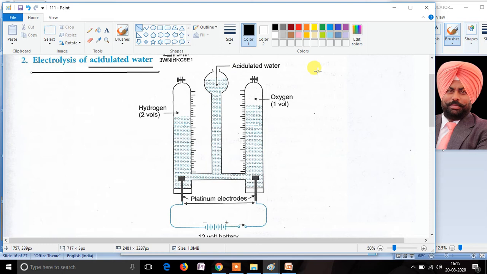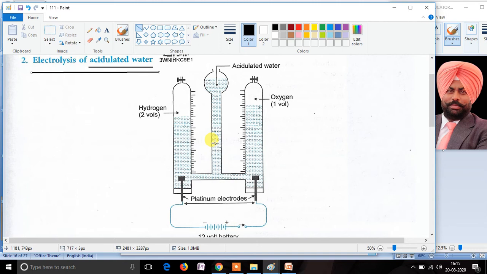As we have just discussed, this is the special apparatus known as Hofmann's voltameter, in which acidulated water is poured so that electrolysis can be conducted.